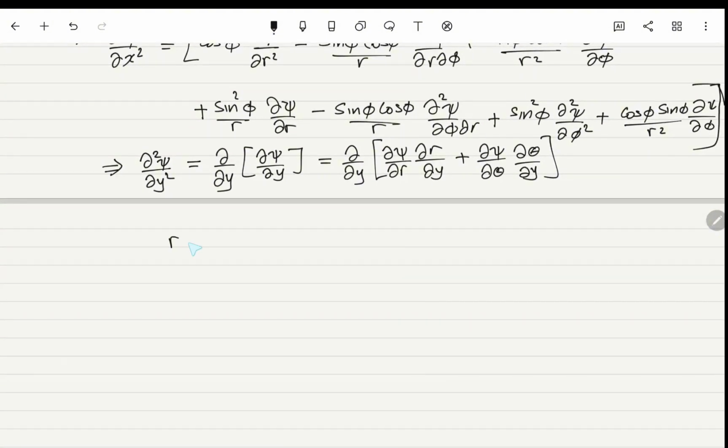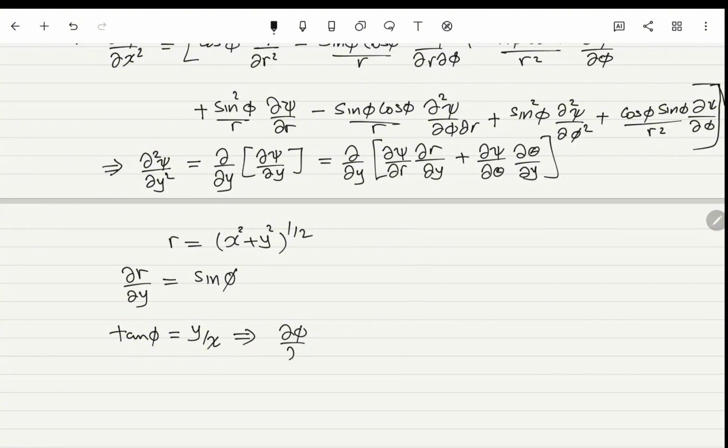Remember, r is equal to x square plus y square to the power half, and in order to find partial r partial y, partial r partial y equal to sine phi. We're actually repeating the same procedure as x, so tan phi equal to y over x and partial phi partial y equal to cosine phi over r.